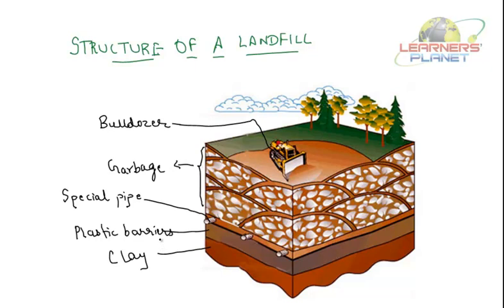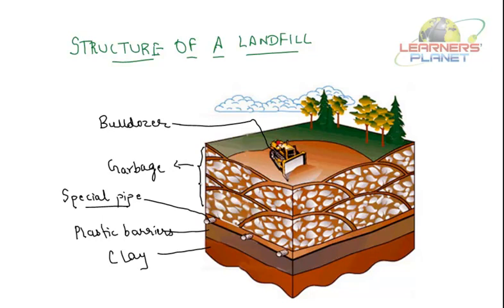So clay and plastic barriers protect the environment of the area surrounding the landfill. And here are some spatial pipes. Here you can see 1, 2, 3. Three spatial pipes are there. They collect rainwater that seeps through the landfill.